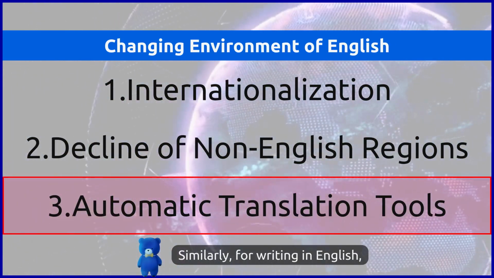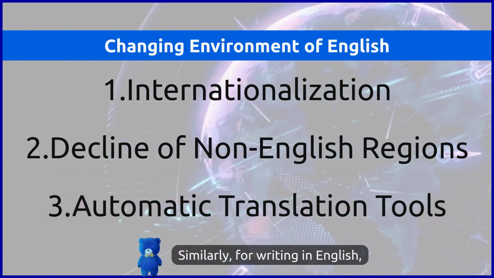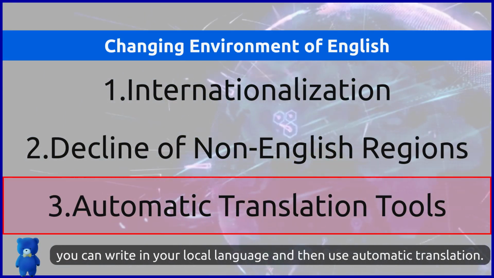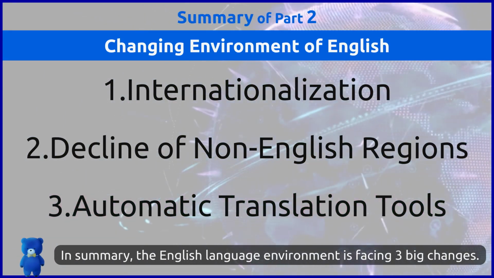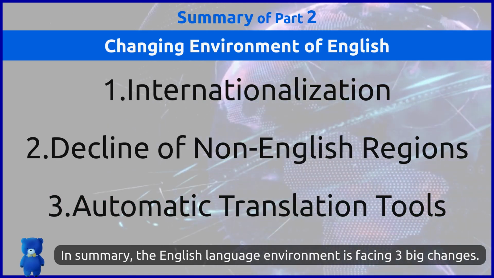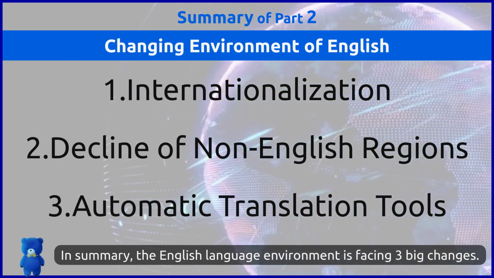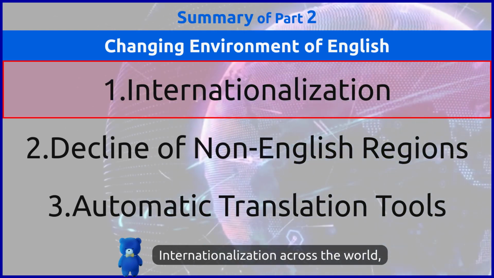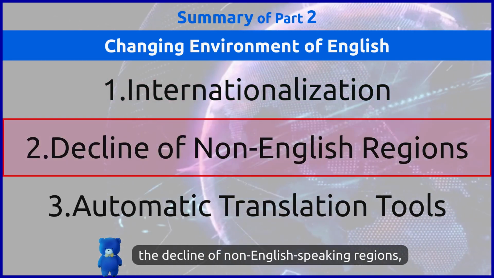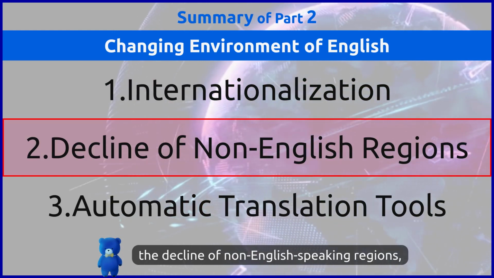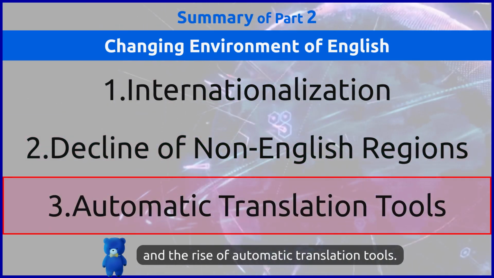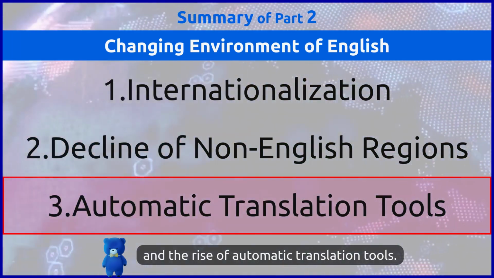Similarly, for writing in English, you can write in your local language and then use automatic translation. In summary, the English language environment is facing three big changes: internationalization across the world, the decline of non-English speaking regions, and the rise of automatic translation tools.